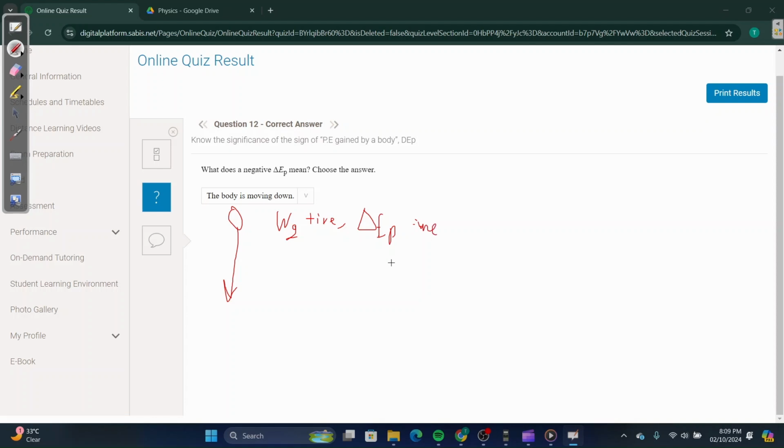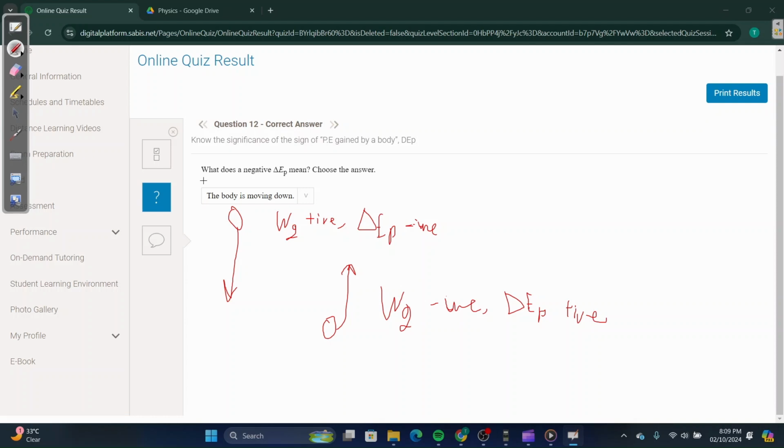Now, if the body is moving up, this is going against the tendency of gravity, and obviously the object is gaining more potential energy as it goes up. So the work done by gravity here, since it's resisting gravity, is going to be negative, and delta EP is going to be positive.